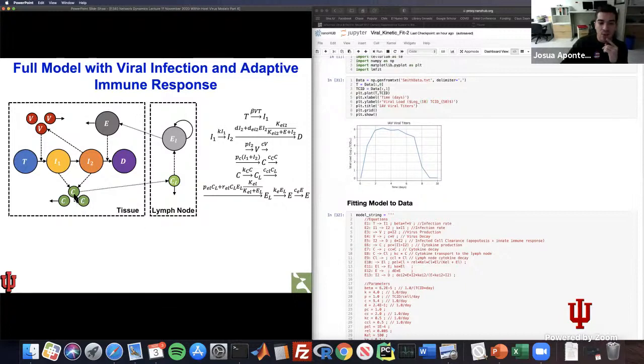We decided to model a transport of the signal from the tissue compartment to the lymph node compartment. In the lymph node, the signal induces proliferation of the T cells, and then we have the transport of the T cells back to the tissue compartment, where they induce death of the infected cells.